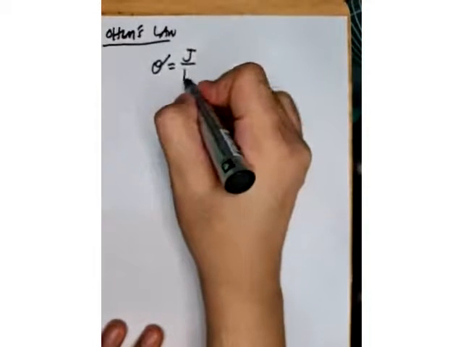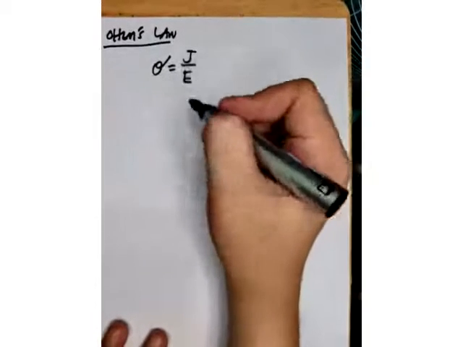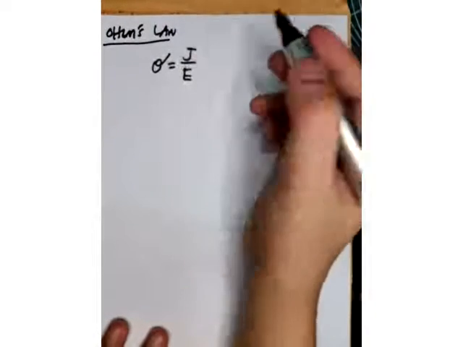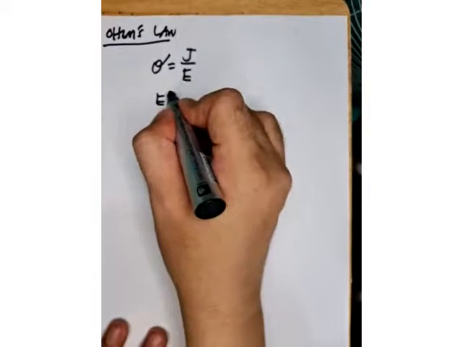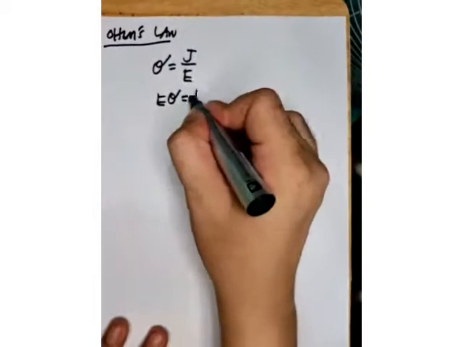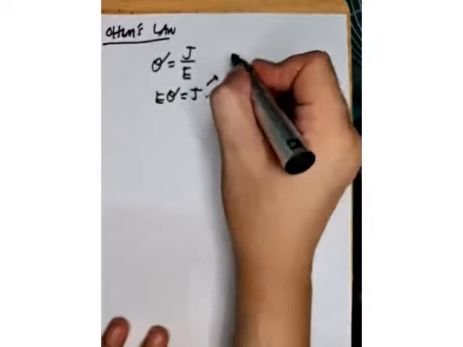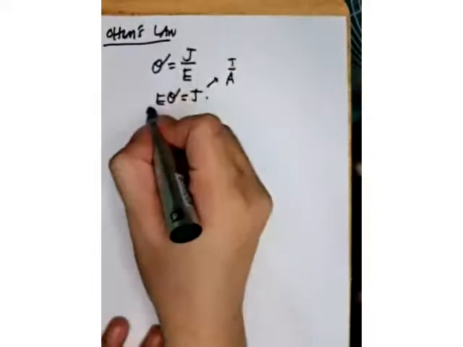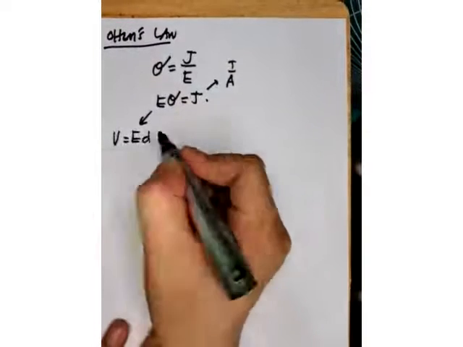Ayan. So kung i-cross multiply natin, E over J. Pero ano yung value ng J? So J is equal to I over A, at yung E ay manggagaling sa voltage is equal to E times D. Okay? Ito yung electric field.